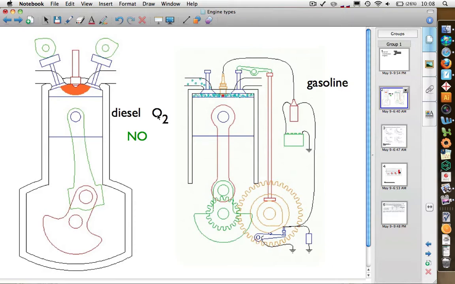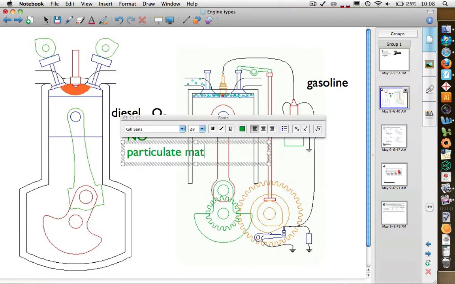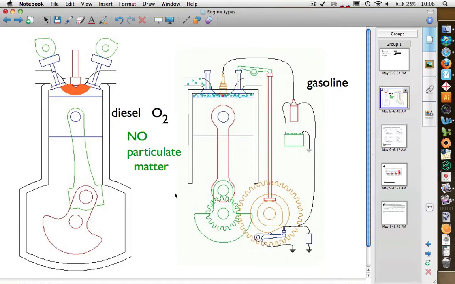That in turn means, and this is sort of paradoxical, that we create more particulate matter. You might expect there to be less particulate matter because particulate matter is the incomplete result of combustion, but it turns out there's actually more particulate matter. This is the black smoke that you see coming out from behind buses.